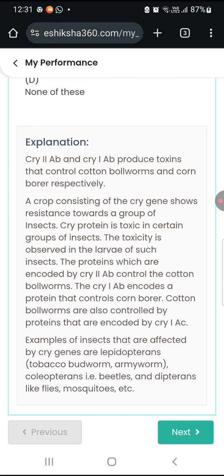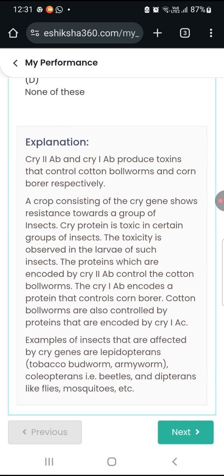A crop containing the cry gene shows resistance towards a group of insects. Cry protein is toxic to certain groups of insects. The toxicity is observed in the larvae of such insects.